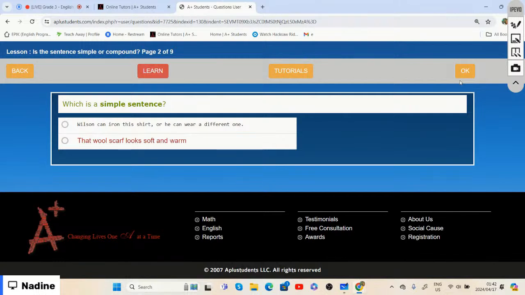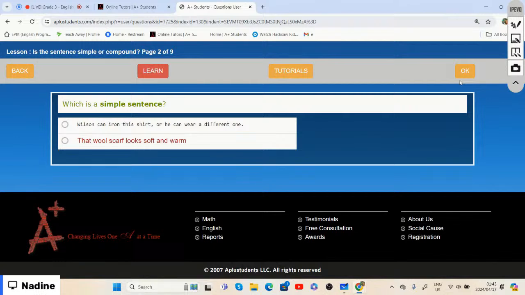Guys, we will end soon, in about 3 minutes' time. We need to say which one is a simple sentence. Is it option one, Wilson can iron the shirt or he can wear a different one? Or do we say that wool scarf looks soft and warm?